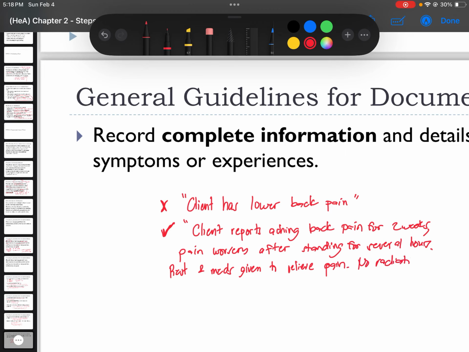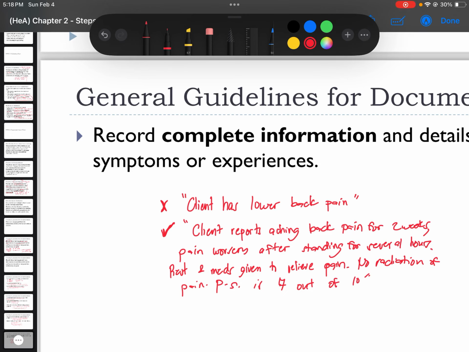No radiation of pain. Pain scale is 7 out of 10.